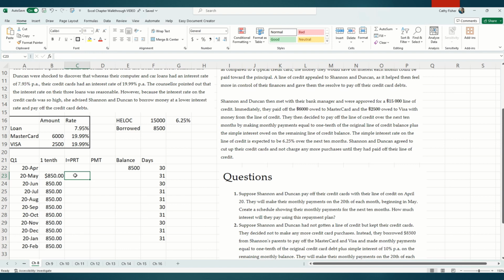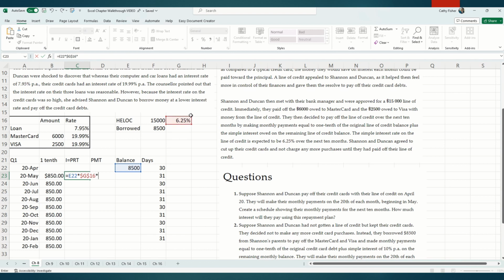Our interest is that we are going to use I equals PRT. So that equals the principal, which is our outstanding balance, times our rate, which is our interest rate of 6.25. And I'm going to absolute cell reference that just so it stays there.